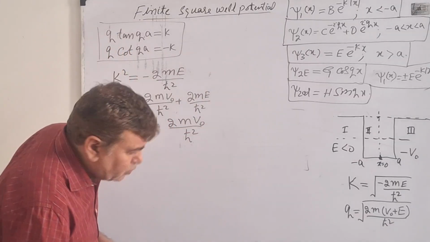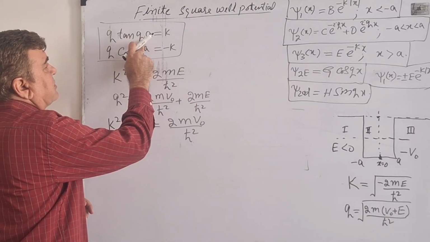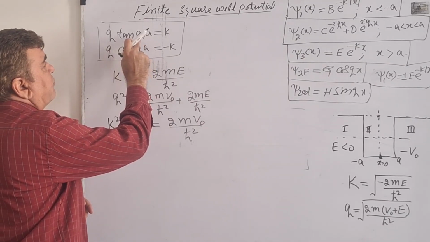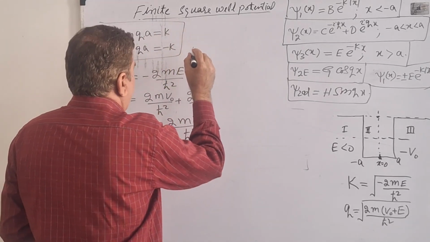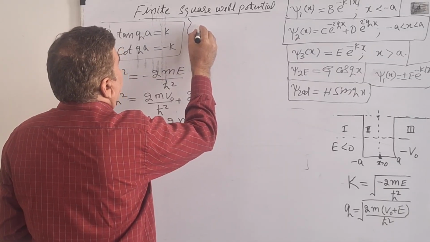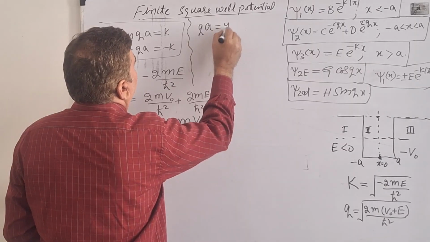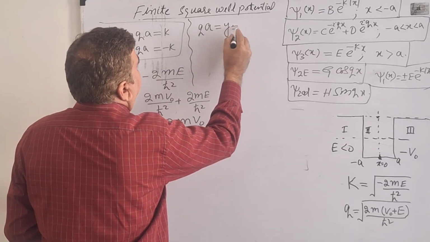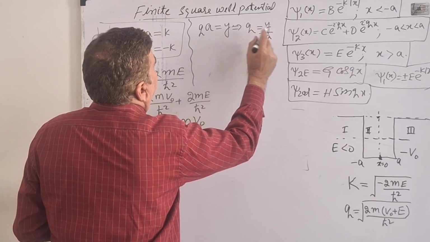I can easily do that because we know that the arguments of trigonometric functions are dimensionless. Therefore, q times a is a dimensionless quantity. I define the dimensionless quantity y as the product qa equals y. From this, I can write q equals y divided by a.